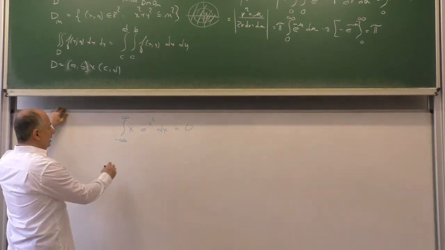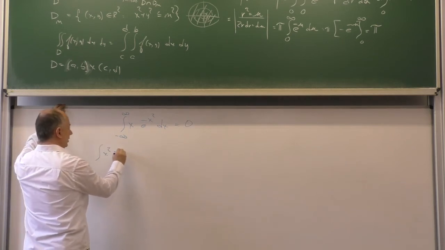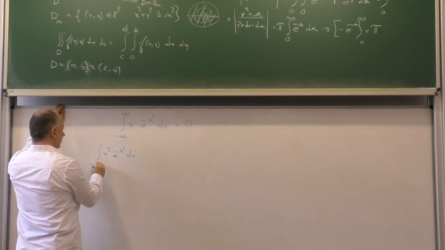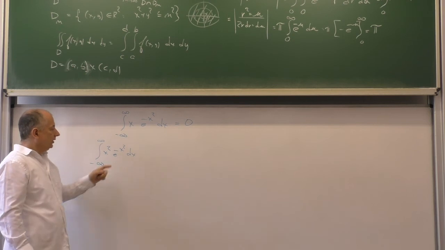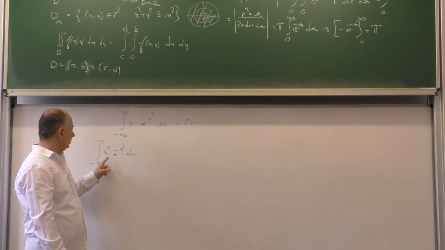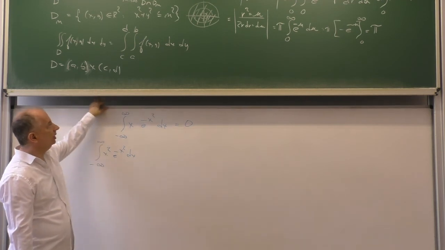And what about the integral of x squared times e to the minus x squared dx from minus infinity to infinity? This will not be 0 because we integrate a positive function, so it will be some positive result.